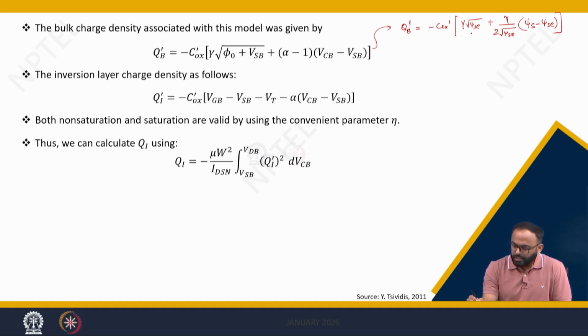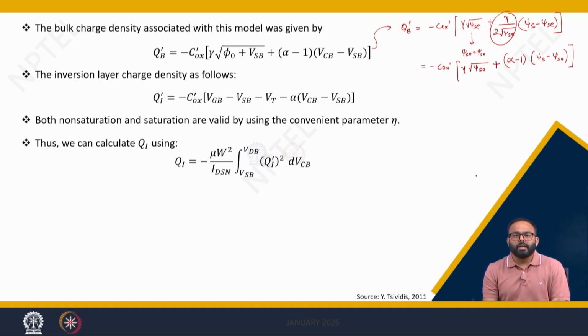At that moment we said that if we want to consider the source reference, this expansion point is nothing but psi_S0. So, I can rewrite this equation as Cox' into gamma, psi naught plus this factor, which can be replaced by alpha minus 1, and psi_S minus psi_S0.